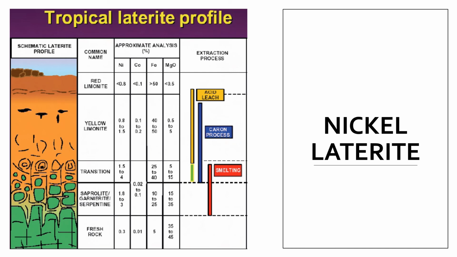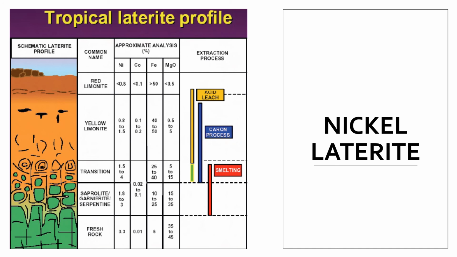Then let's proceed with your nickel laterite deposits. Okay, nickel laterite is essentially just mafic or ultramafic rocks which have decomposed in situ. Okay, the best examples here are your laterite deposits in Zambales or in Surigao.